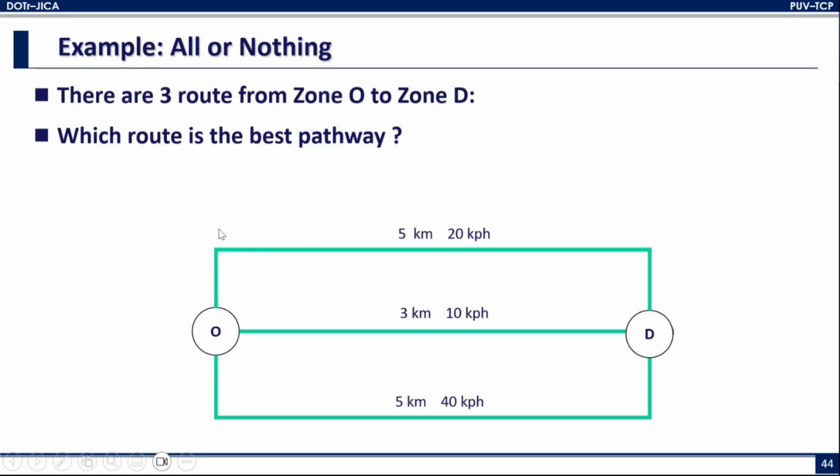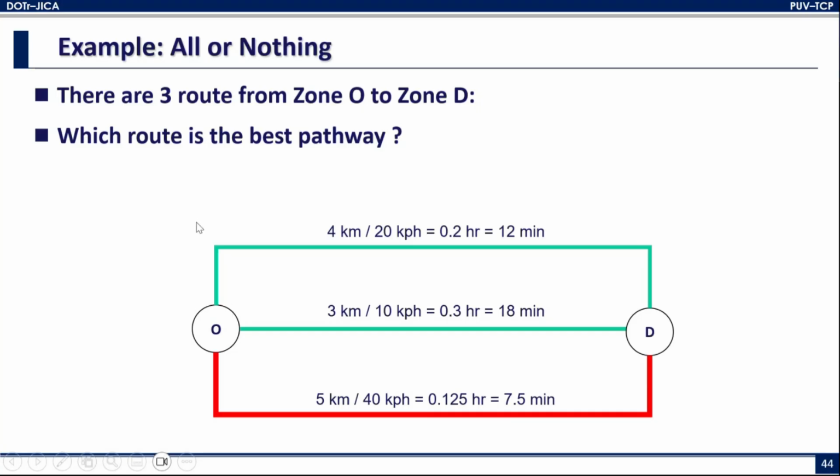However, it is better to show it automatically. For example, the top way is just 12 minutes, the middle one needs 18 minutes, and the lower one is 7.5 minutes. So everyone is supposed to use this pathway.